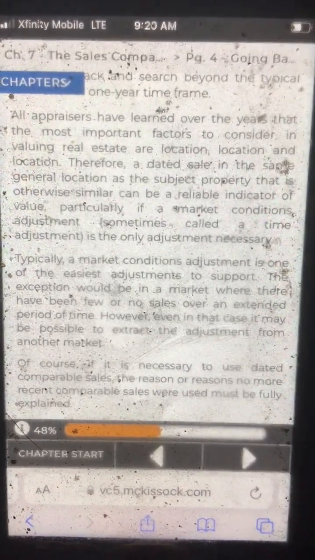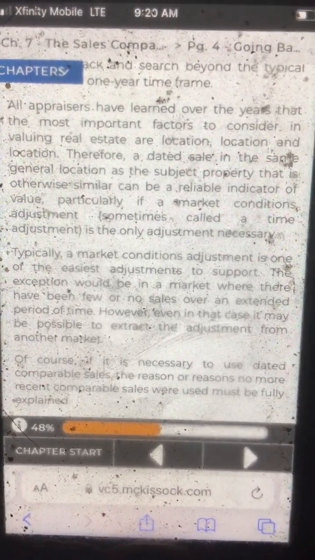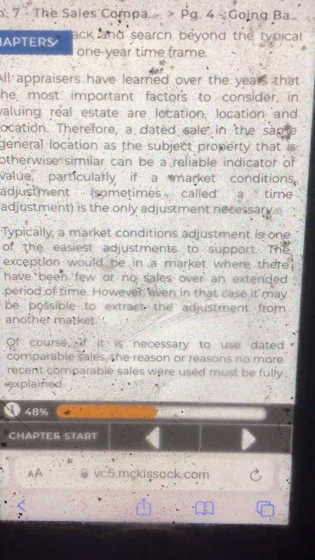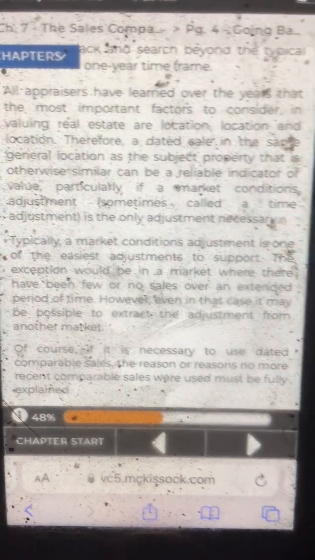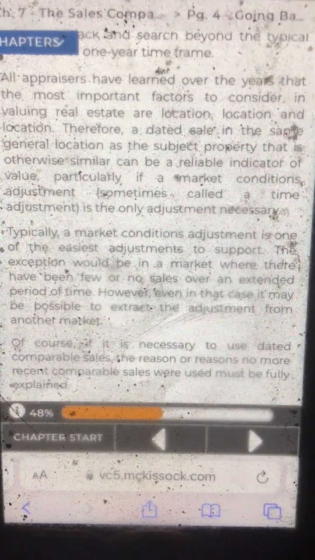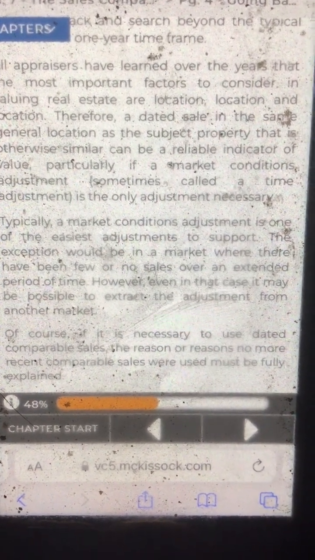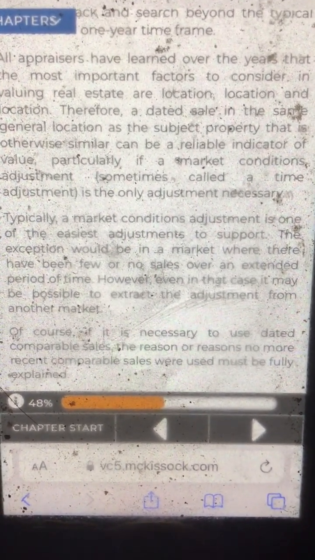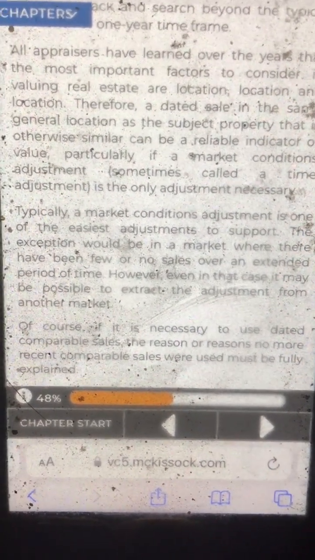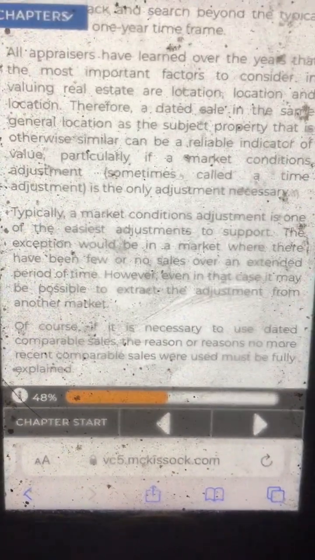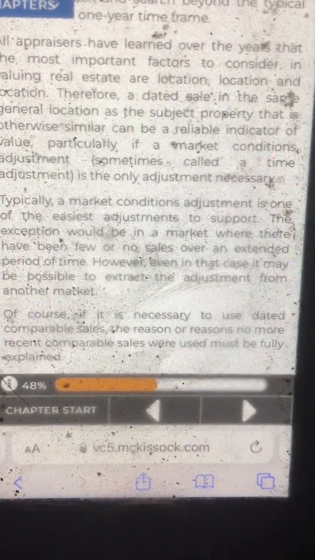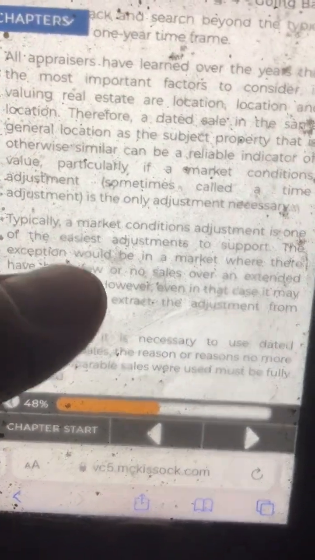All appraisers have learned over the years that the most important factors to consider in valuing real estate are location, location, and location. Therefore, a dated sale in the same general location as the subject property that is otherwise similar can be a reliable indicator of value, particularly if a market conditions adjustment, sometimes called a time adjustment, is the only adjustment necessary.